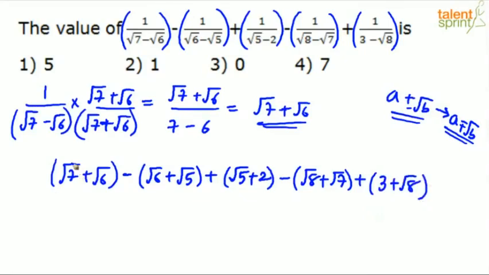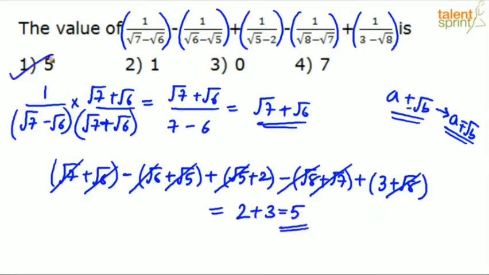Plus root 7 and here minus root 7 get cancelled. Minus of root 7 plus root 6 minus root 6 get cancelled. Then minus root 5, minus of root 5 and plus root 5 get cancelled. Minus root 8 plus root 8 gets cancelled. What are we left with? 2 plus 3, 5 will be the final answer. Option 1. Alright? Simple. You can do it yourself.